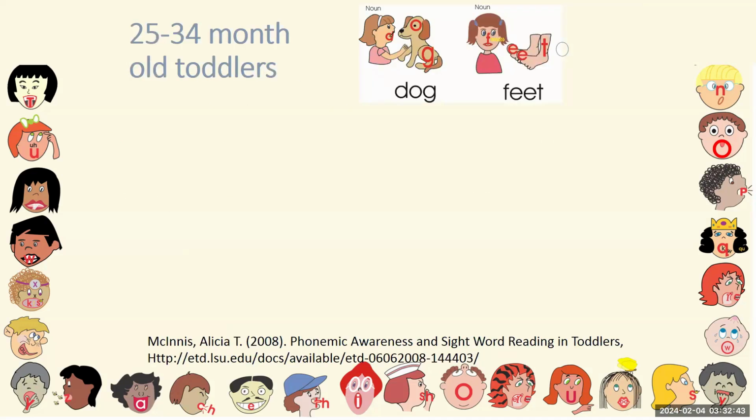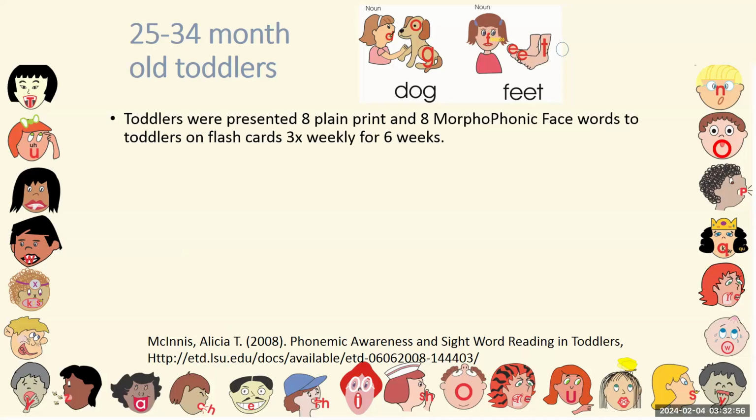Another study with really young ones was by Alicia McGinnis, who showed that words where the first letter is a phonic face can be learned by 25 to 34-month-old toddlers. So these were word cards. You can see that the letter is represented by the phonic face. The rest of the word represents the meaning of the word.